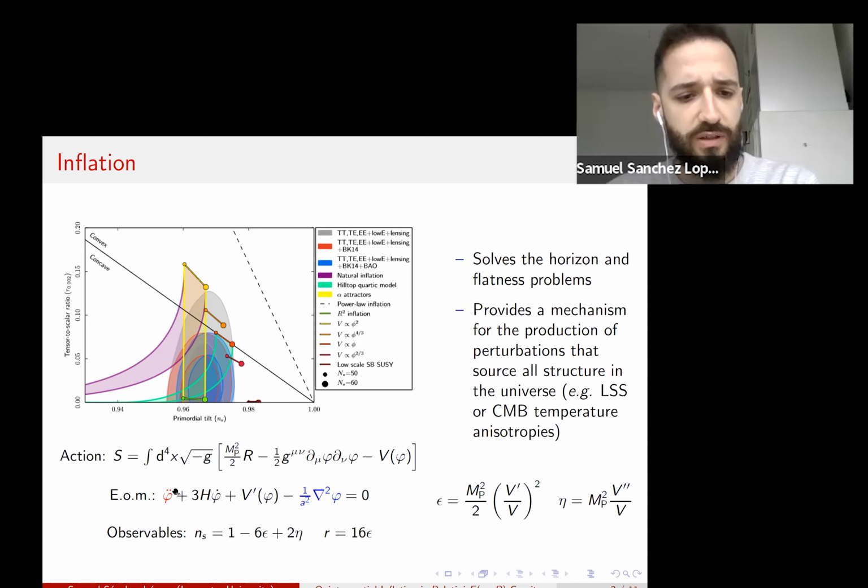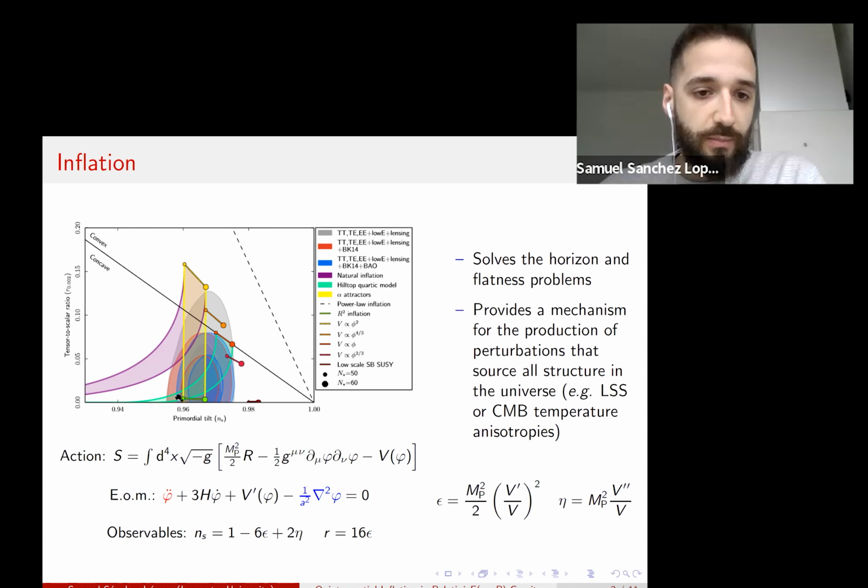In the slow roll approximation, you just neglect the second derivative, and at a classical level, you also neglect the spatial variations, and the observables can be expressed in terms of the so-called slow roll parameters, eta and epsilon, which again are just simple functions of the potential.